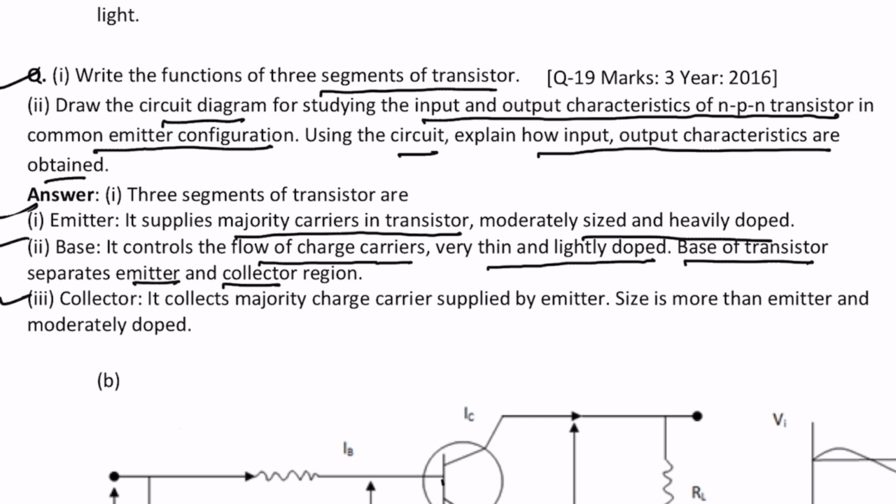Collector: it collects the majority charge carriers supplied by the emitter. So emitter supplies, base controls, and the collector collects. Its size is more than the emitter and it is moderately doped. So these are the three basic segments of transistors.